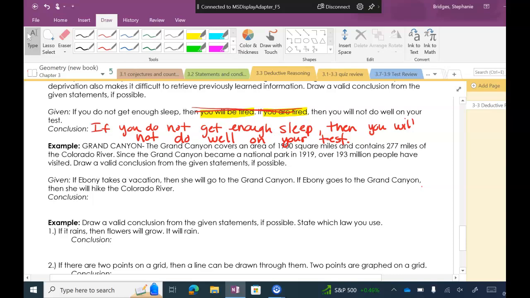So I want you to try to write your conclusion based off of what we have there. We want to try to make a valid conclusion if possible. If the conclusion in the first statement matches the hypothesis in the second, we are able to make a valid conclusion. If they do not match, we just say not possible.